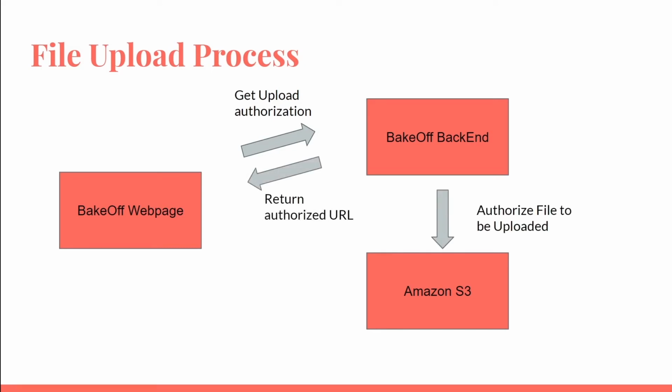This returns a URL, which the front end can use to upload one file one time to Amazon S3. This makes the entire process a little more secure, and it prevents the need to upload the file to the backend and then to S3, which is two file uploads, meaning double the time and double the chance to fail.